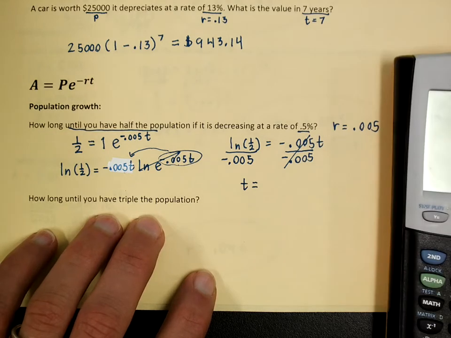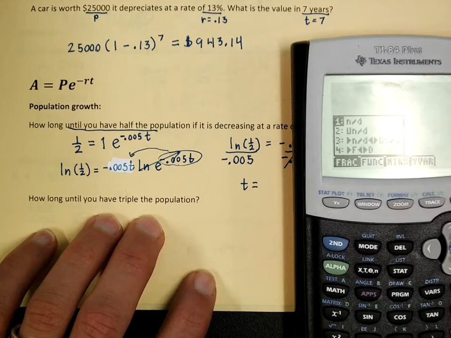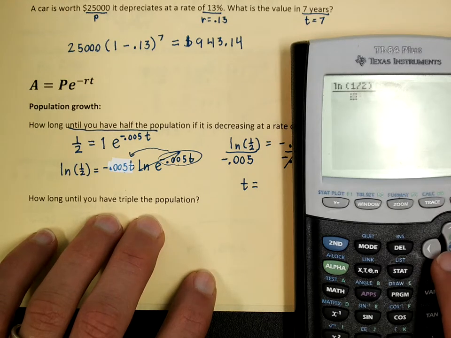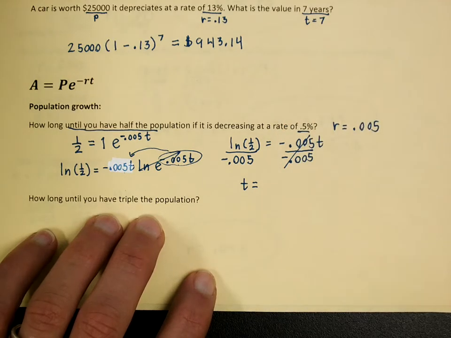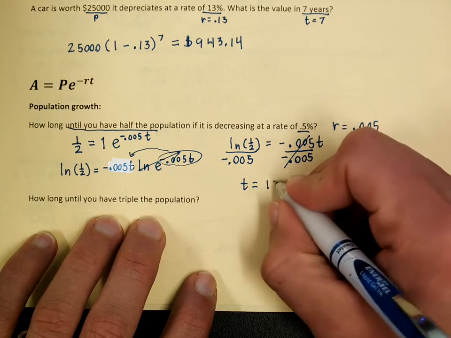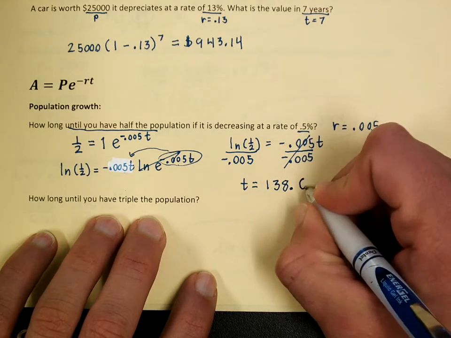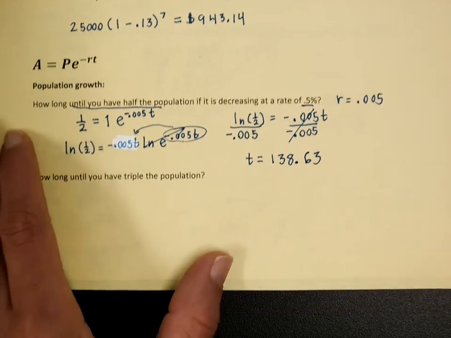Alright, so we have the natural log of 0.5, or the natural log of 1 divided by 2. You can write that as 1/2 or 0.5, it doesn't matter. Okay, so we have 138, which I can only assume are years, 0.63. Okay, now it says how long until you have triple the population?